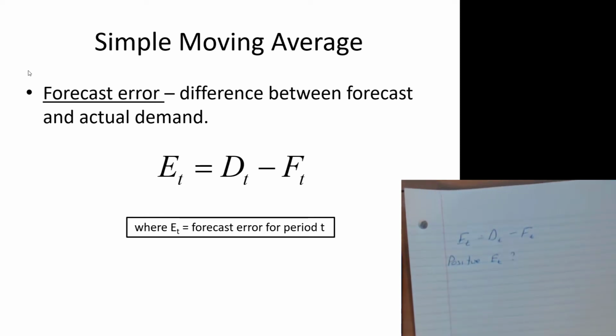What does that mean? Well, that means that when I did demand minus the forecast, the demand was greater than the forecast, right? If we see that as a consistent pattern, that means the demand is higher than we're forecasting. Our forecasts are undershooting what the actual demand is.